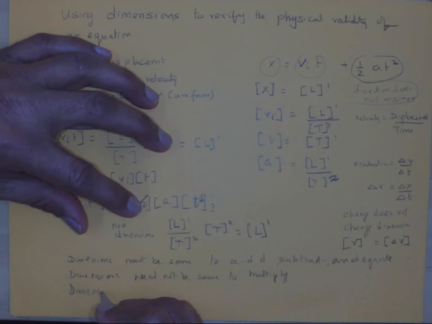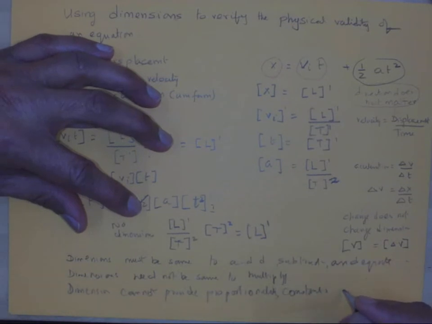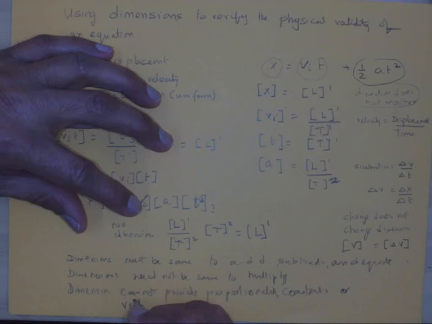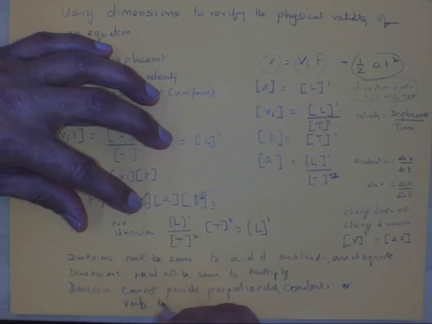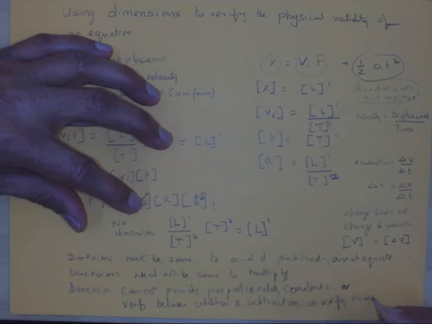Dimensions cannot provide proportionality constants, or verify between addition and subtraction, or verify missing or extra terms, extra addends.